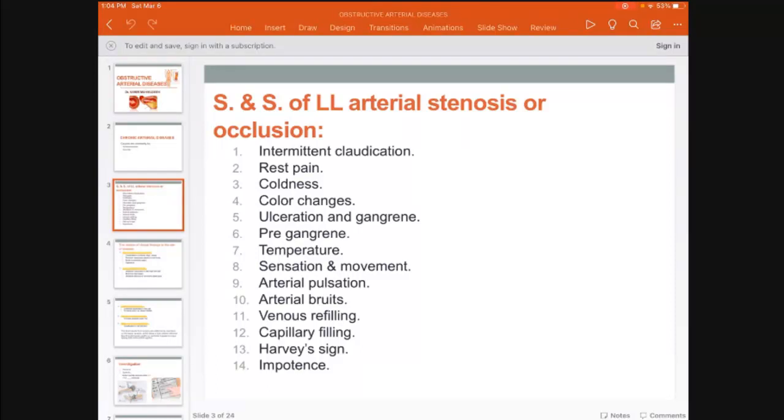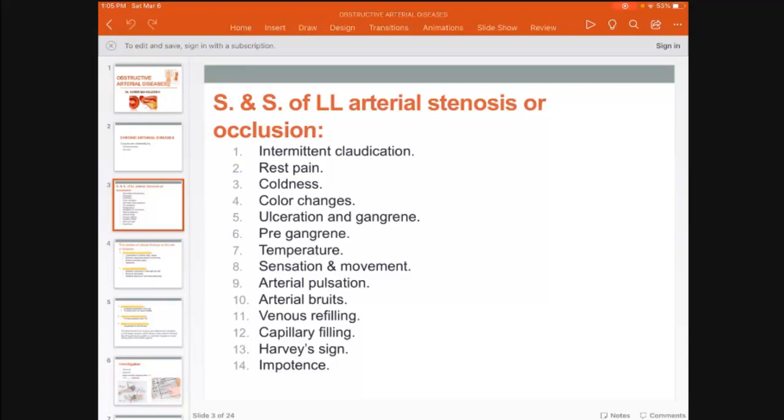The temperature will differ between the healthy part and the affected part of the obstructed artery. The sensation and movement will have severe pain, and when it is more severe, it leads to paralysis and inability to move.